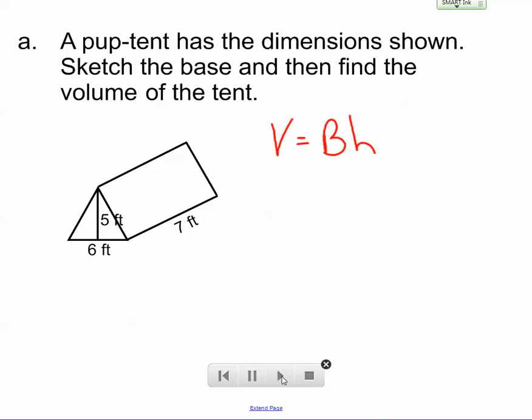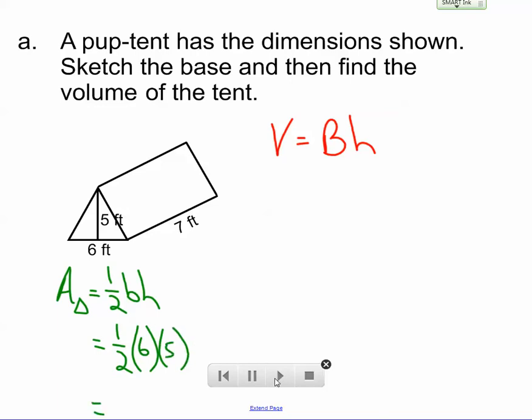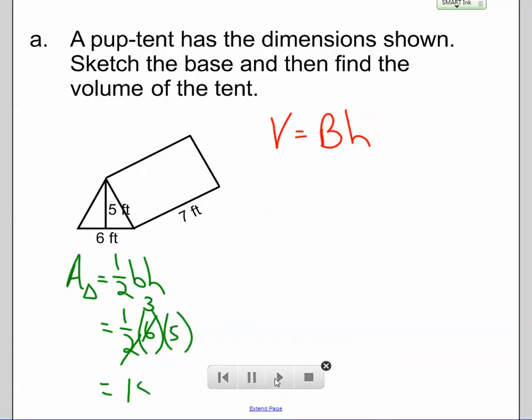So volume is area of the base times the height of the prism. Now, the base on this is that triangle I just had shown. So for the area of a triangle, we do 1/2 the base times the height, which in this case is 1/2 of 6 times 5, which is 15. So 15 square feet for the area of the base. So that's the number that we're going to plug into the formula for volume.